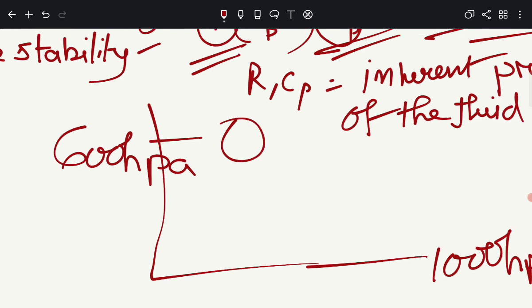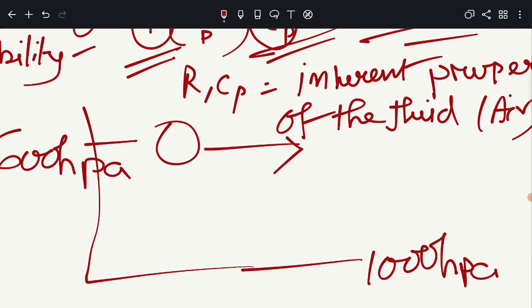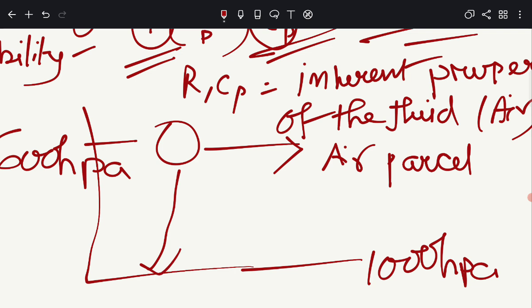This is an air parcel, and now we need to bring this down to 1000 hectopascal, theoretically.